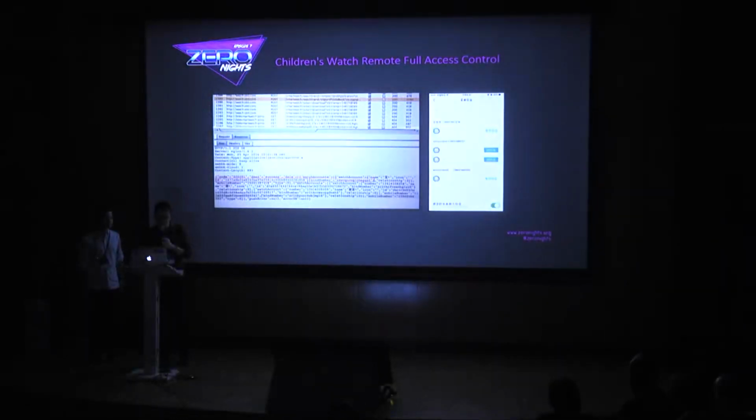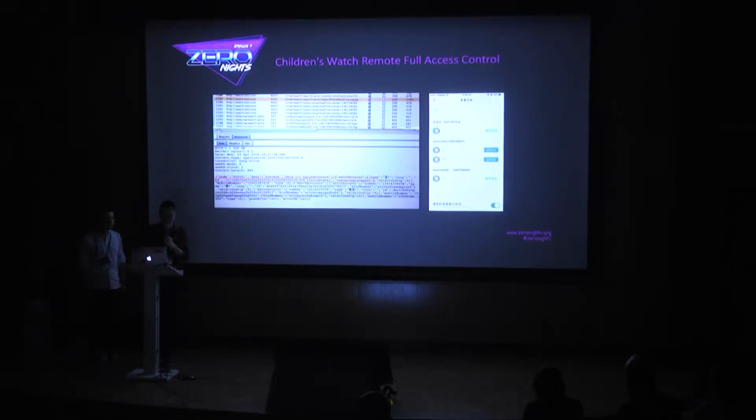So if we add the number to the phone book, we can see this interface will return the watch ID and the bind number. So this is a critical info leak vulnerability.